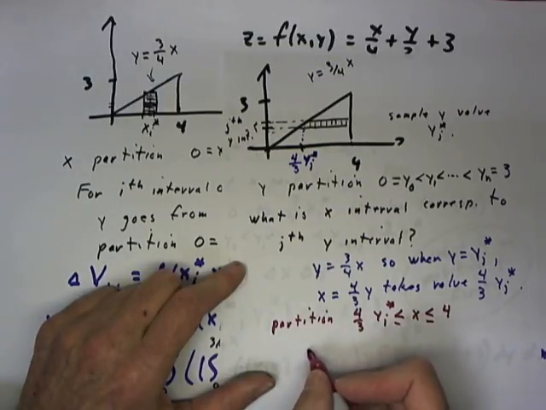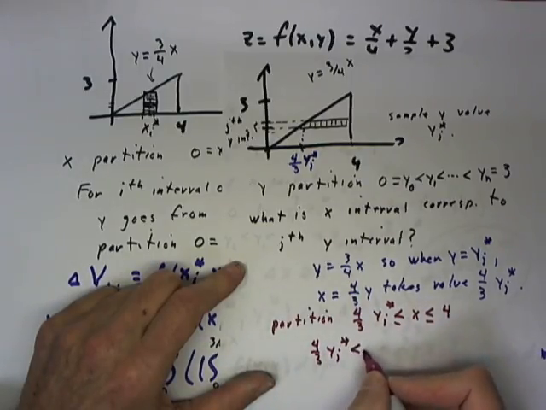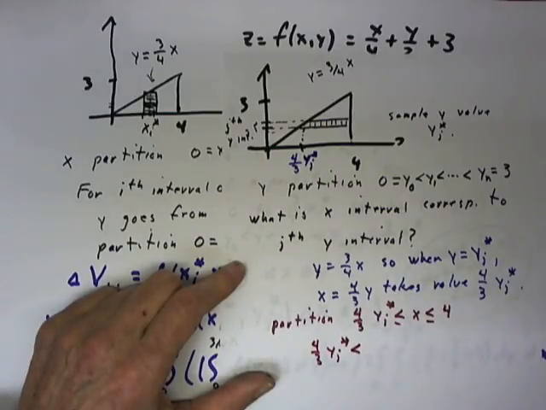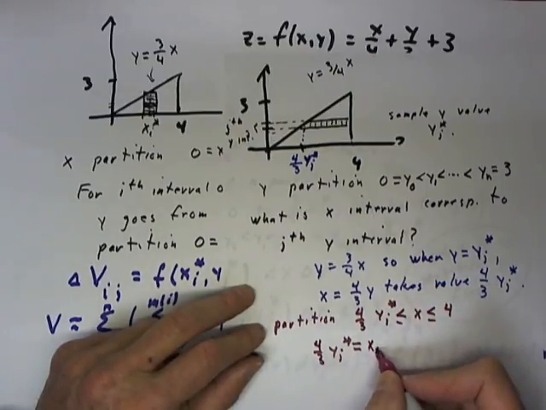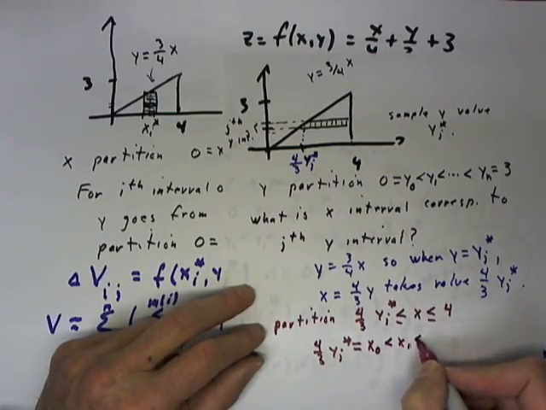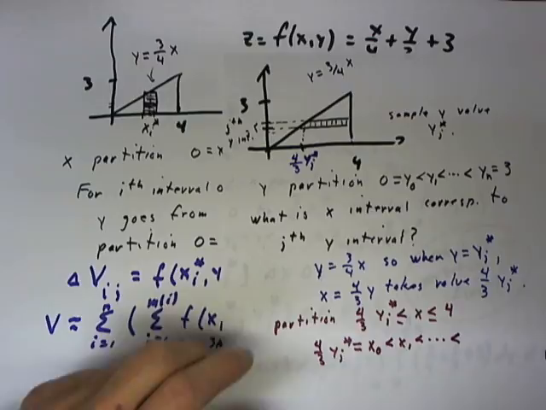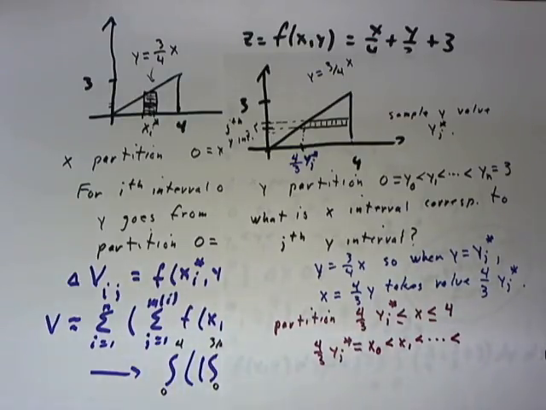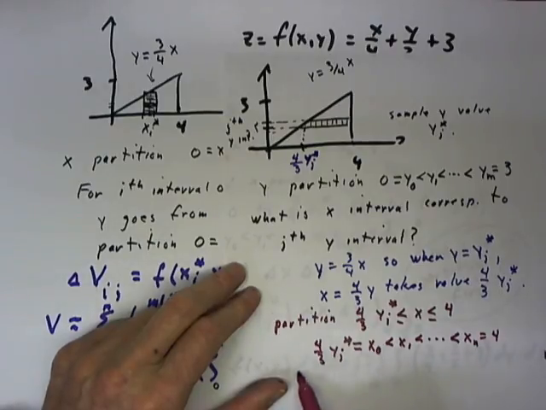So our partition is going to be 4/3 yj star equals x0 less than x1 less than, and so forth, less than. Now I used n for y, and I don't think I've used that n anyplace else, and I've decided that I really want to use m for y. So we're going to have an xn which equals 4.